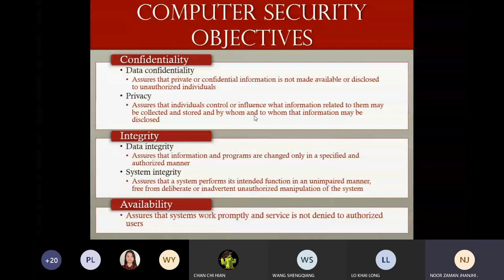It doesn't mean that we make data confidential, private, and intact, but when the user or the owner wishes to have the data and is not able to get it, that is not acceptable. So these are the three primary points for security, the CIA: confidentiality, integrity, and availability.